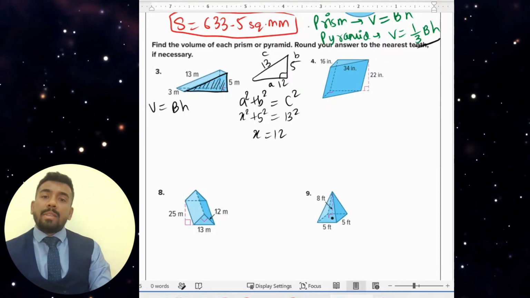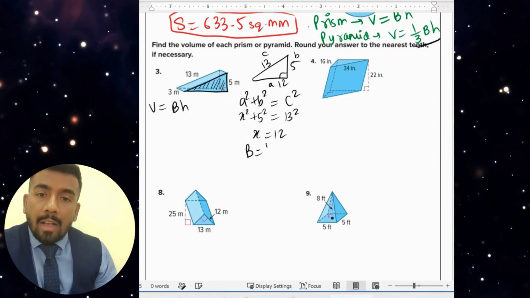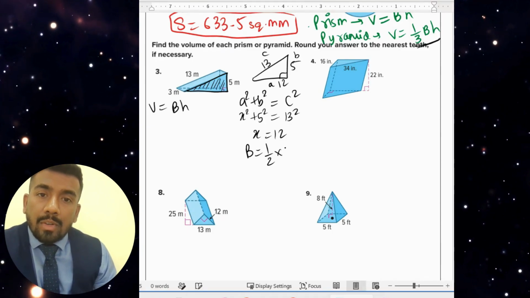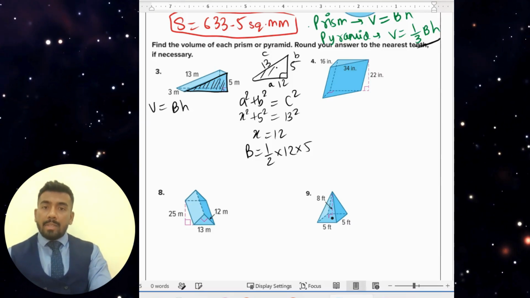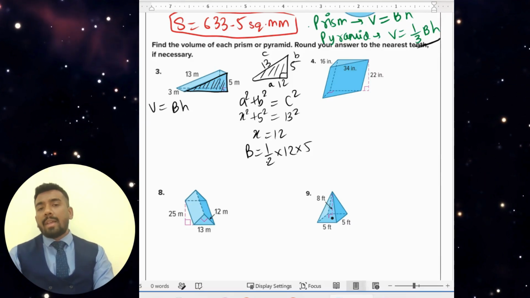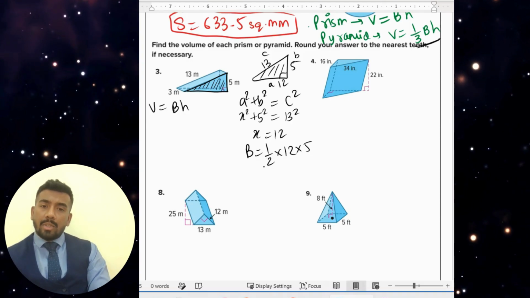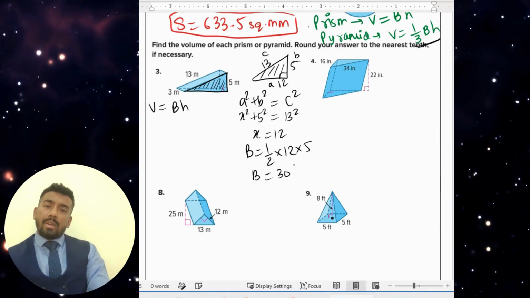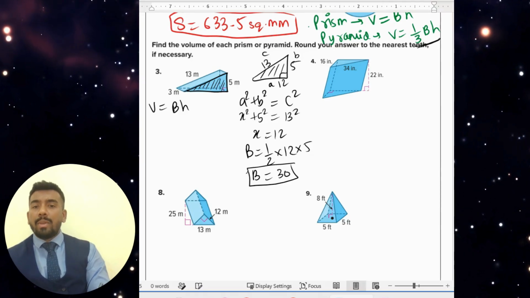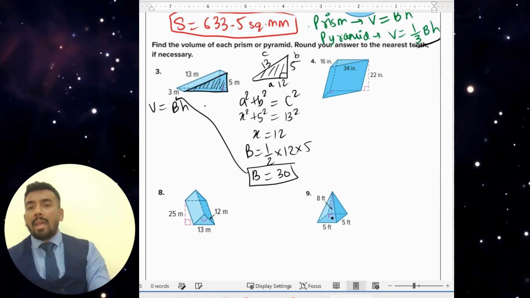So what's the base area? Half into 12 into 5. Because it's a triangle, its area will be half of BH. That's 2, 6, 6, 5 is 30. So B is 30. Once you know B is 30, put it back here. And what's the height?